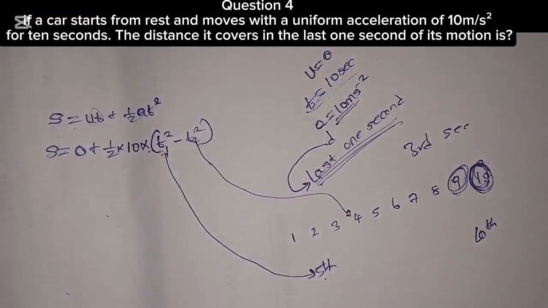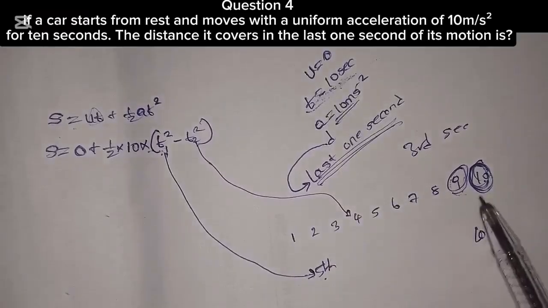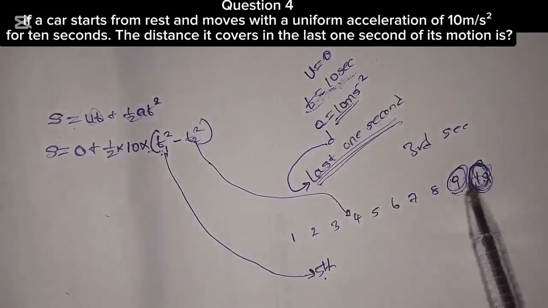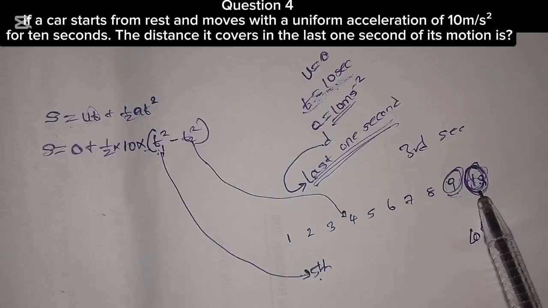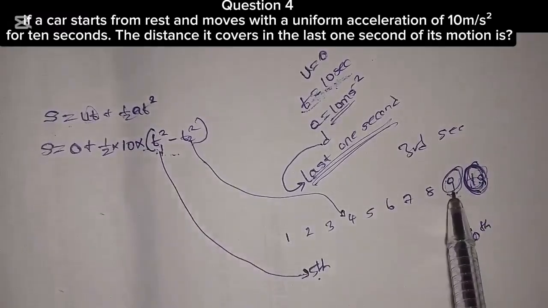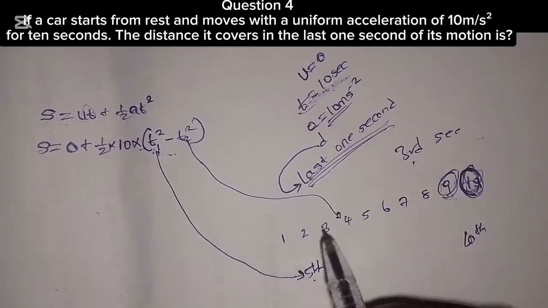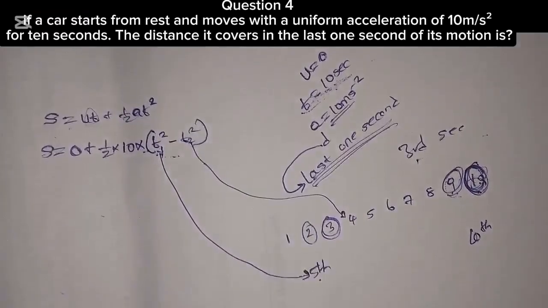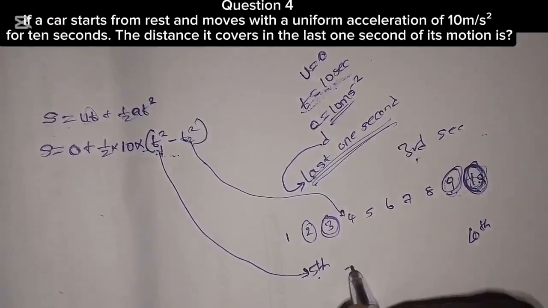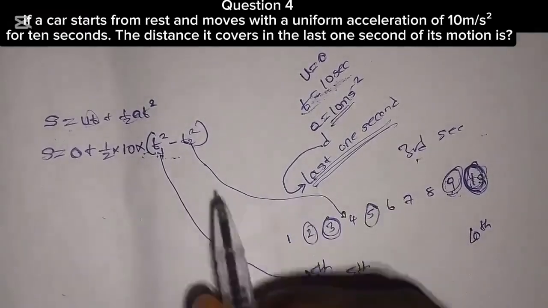If they say look for the last 1 second, they are actually talking about the 10th second, so T1 will be 10 and T2 will be 9. If they say look for the third second, T1 will be 3, T2 will be 2. If they say look for the 5th second, T1 will be 5, T2 will be 4.